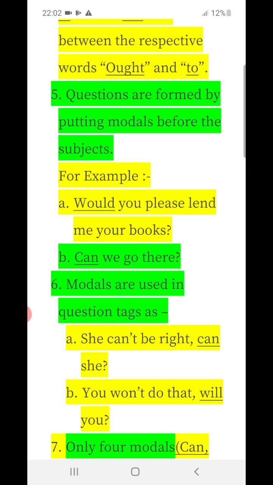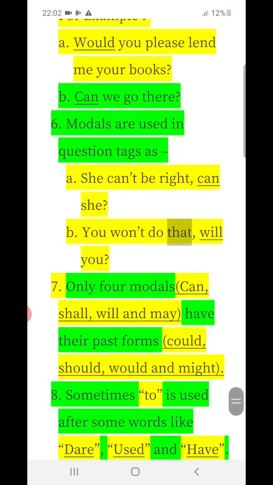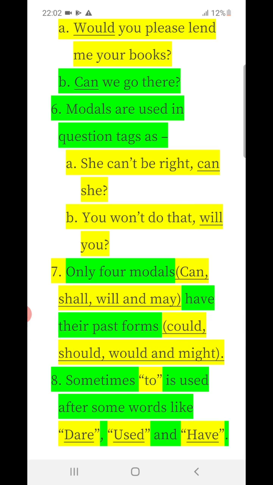Next, number 6. Modals are used in question tags. Number A, she can't be right. Can she? Number B, you won't do that, will you?